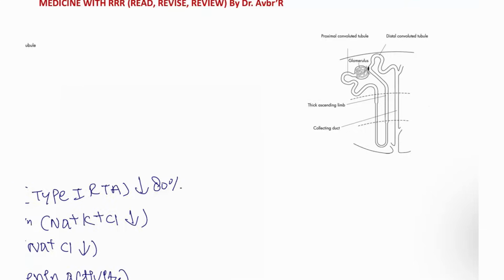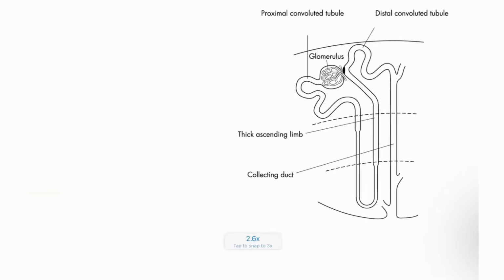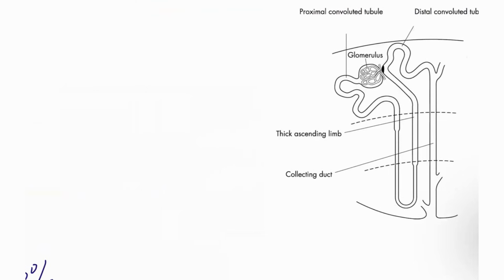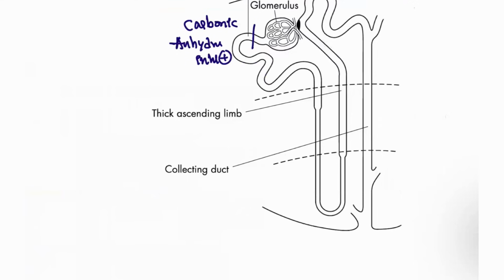So let's continue with another picture here. Same nephron structure and its tubules. Again, here we are going to understand where the major drugs act. At the proximal convoluted tubule, we have carbonic anhydrase inhibitors. Next, at the descending loop of Henle, we are going to see the osmotics.